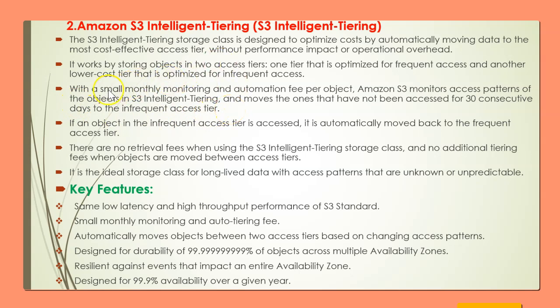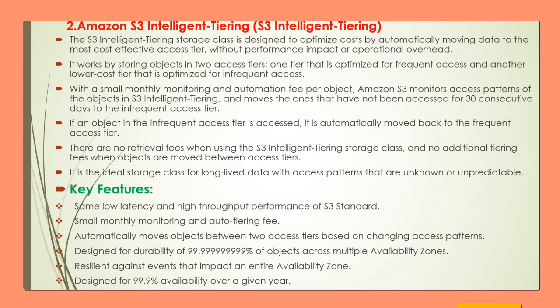Just keep in mind you have to pay a little bit to Amazon to enable monitoring on your bucket, so that it monitors and analyzes which objects have not been used in the last 30 days. And if an object in the infrequent access tier is accessed, it is automatically moved back to the frequent access tier.